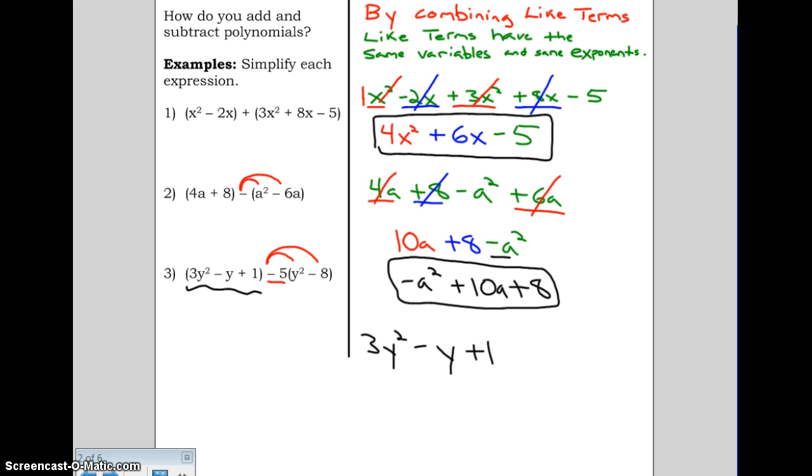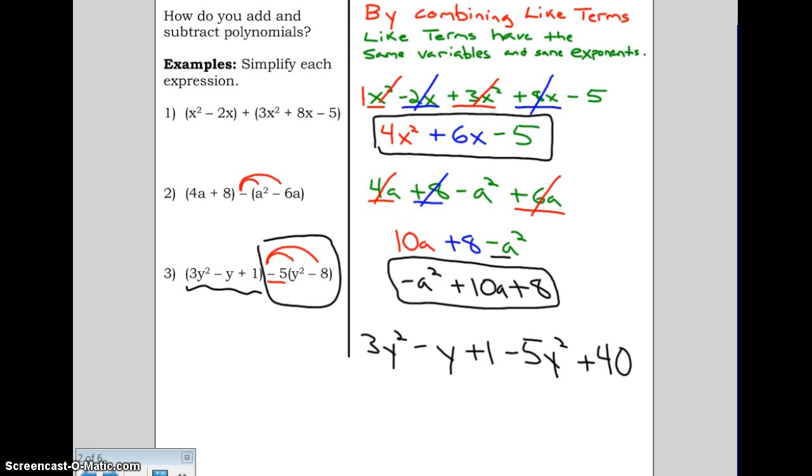Then we distribute it, which would give us -5y squared plus 40.